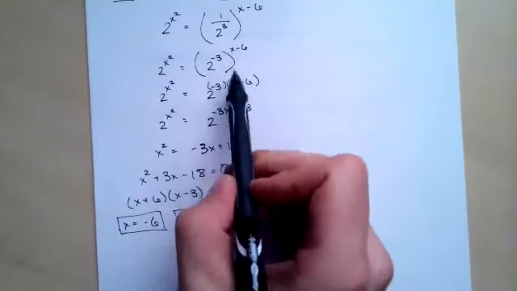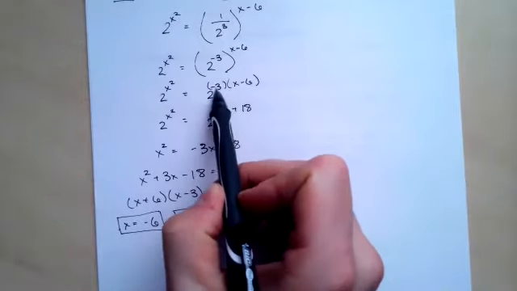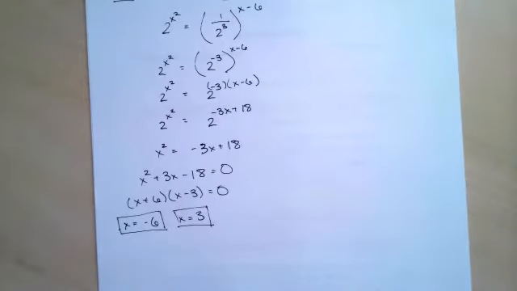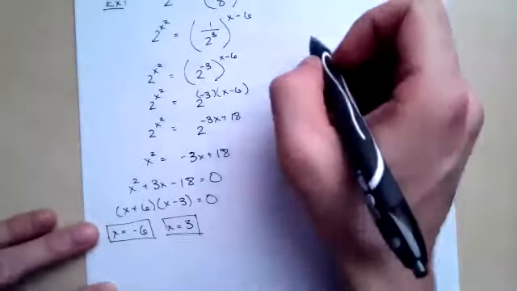If you forget to do these minus sign distributions or these exponential distributions correctly, you can catch them by going back and checking your answers in the original equation. So let's go ahead and write this out. Let's check x equals negative 6.